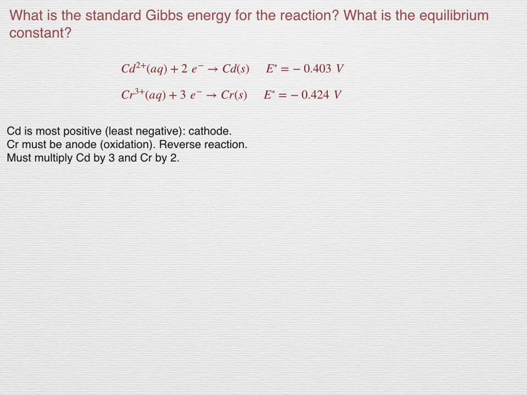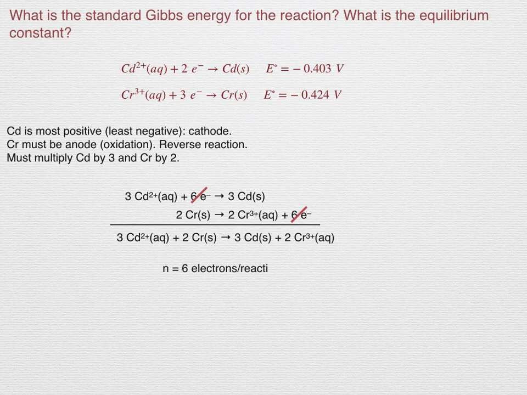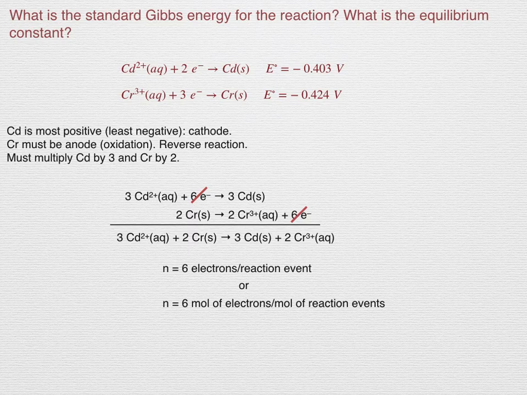Note also that there are different numbers of electrons transferred in the two cases, because the oxidation states of the two metals are different. Multiply the cadmium reaction by 3, the chromium reaction by 2, add them together, and this produces the balanced reaction equation. Even though electrons have cancelled out, this reaction, as written, represents the exchange of 6 electrons between the 3 cadmium atoms and the 2 chromium atoms.